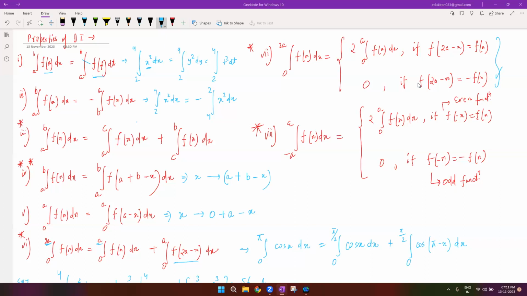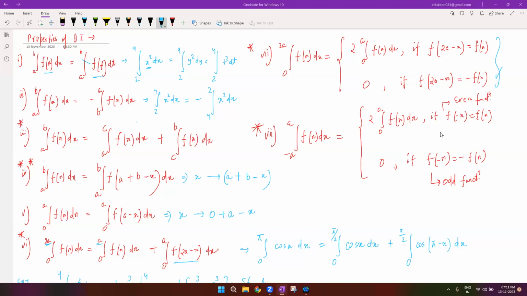Let's start with something more basic. X square, if I calculate the value at 2 or minus 2, both will be same. 4 square is 16, minus 4 square is also 16. All those functions in which if you replace x with minus x, the function does not change.